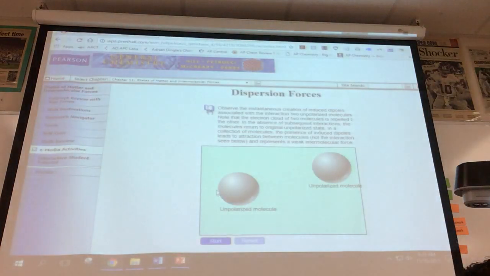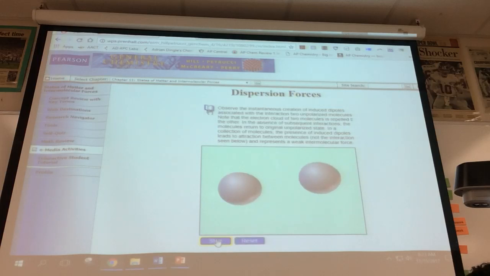We have two unpolarized molecules, let's say two methane molecules. Look what happens when they get near one another. They have instantaneous dipoles. Their proximity adjusts the electron clouds, and now they have instantaneous temporary dipoles, because as the molecules move away from one another, those dipoles are gone.